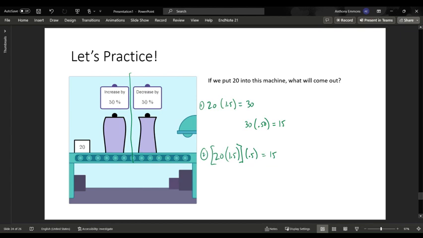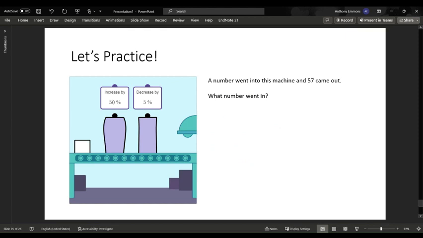So yes, it's multi-step because there are two percent changes, an increase followed by a decrease. But really, if I ignore that intermediate value of 30, it's really a one-step problem. And then from there, now it's an interesting conversation about how to get back.